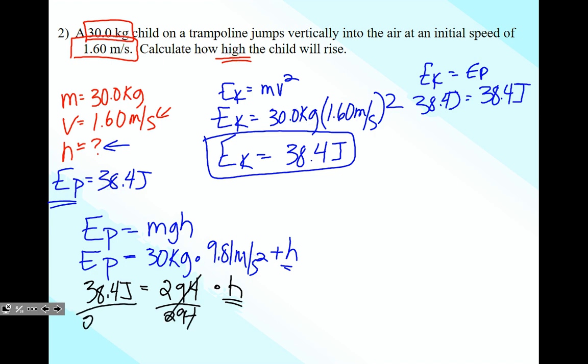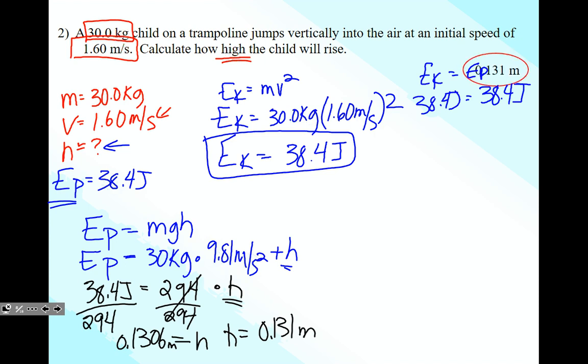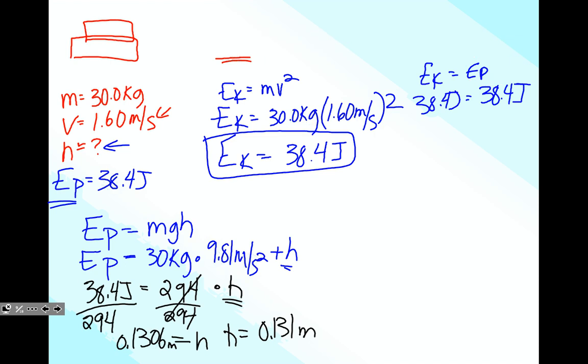Divide that by 294. And we get our height is equal to 0.1306 meters. Our height then is equal to 0.131 meters. Okay, awesome. Next question.